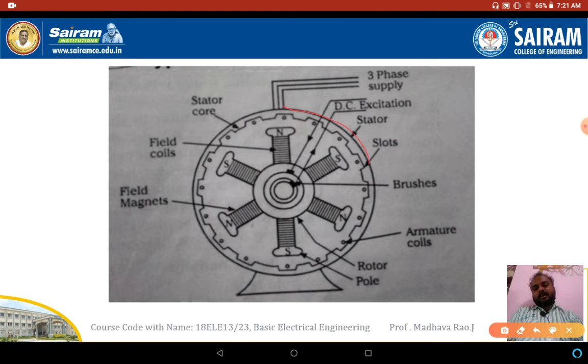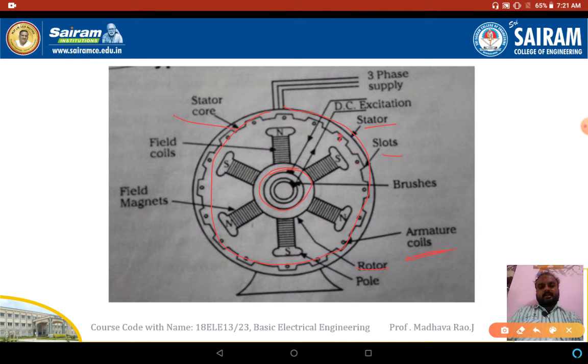This part is the stator, and this part is the rotor, which rotates. The stator has a core with slots here, and these dots represent the armature coils.